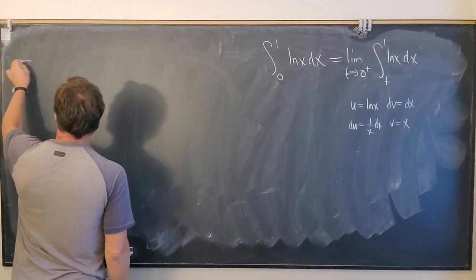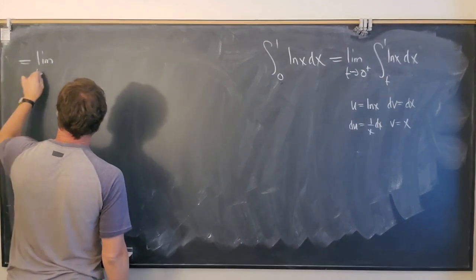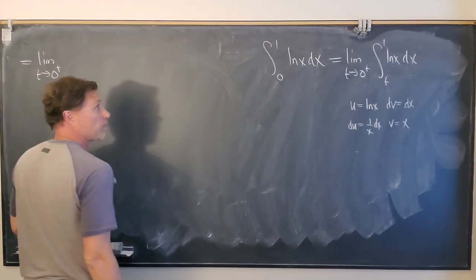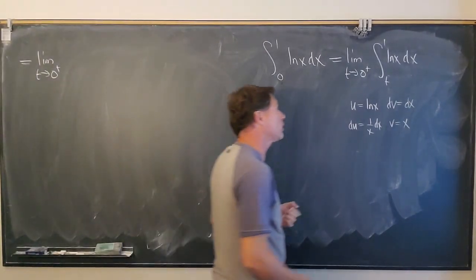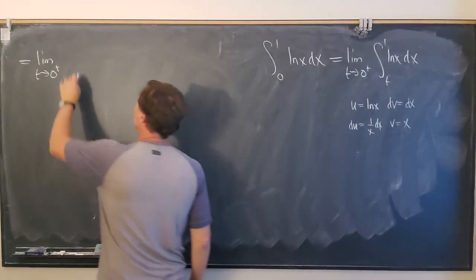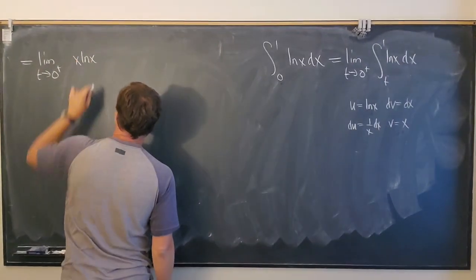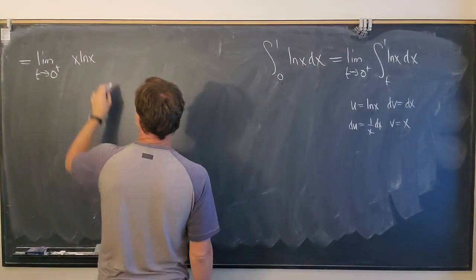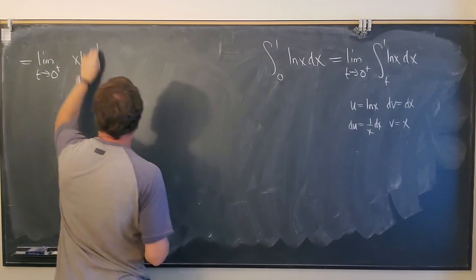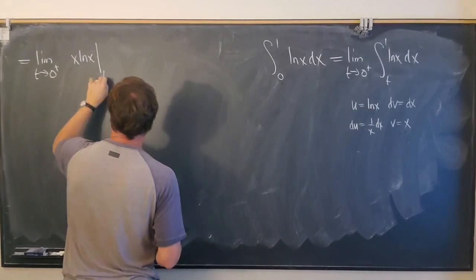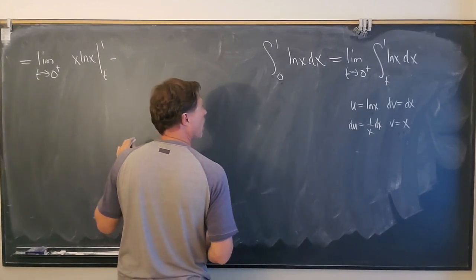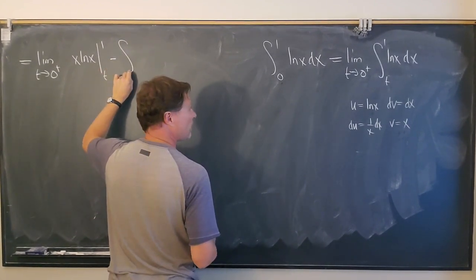So this becomes the limit as t goes to 0 from the positive side. And now I'm going to write down the result of integration by parts. So it's going to be u times v, which is x natural log of x, and then we'll have minus the integral, and I need my limits here, from t to 1, of v du.